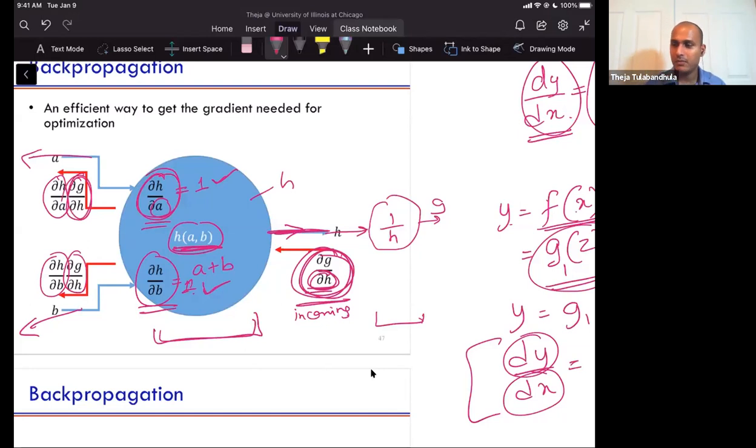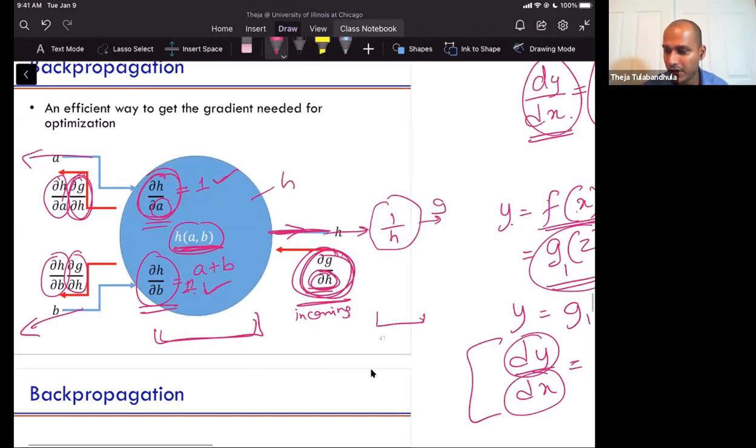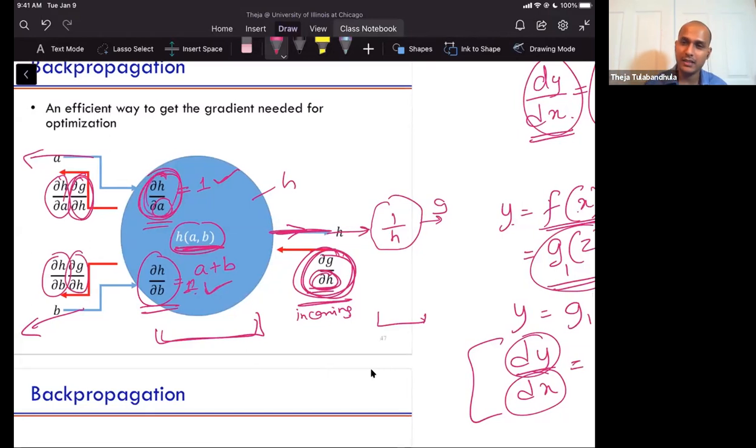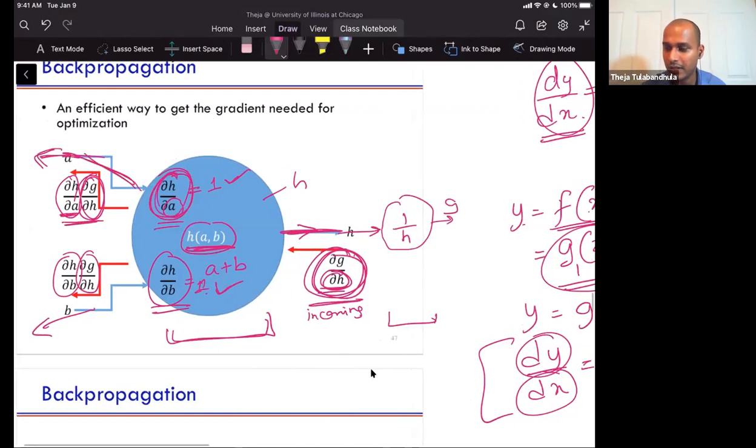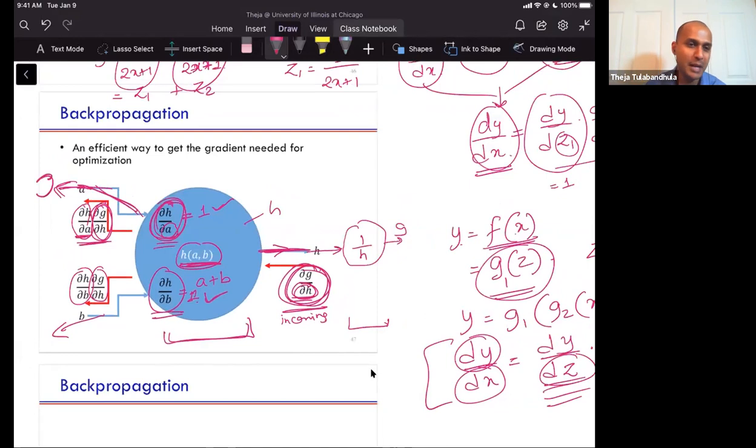You get a number from your output edge, multiply it with the local number that you've computed, and pass it back along that edge. Because the local gradient is with respect to a, you pass this onto the edge corresponding to a. If it is connected to some previous node, that will receive that number. That's backpropagation in a nutshell.